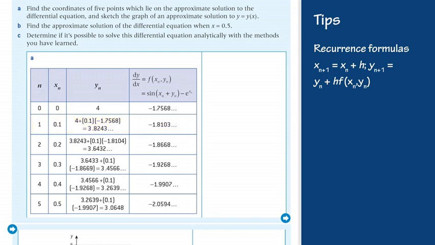Notice that the value in the fourth column, dy/dx at (x_n, y_n), you need then in the subsequent line to evaluate y_{n+1}.